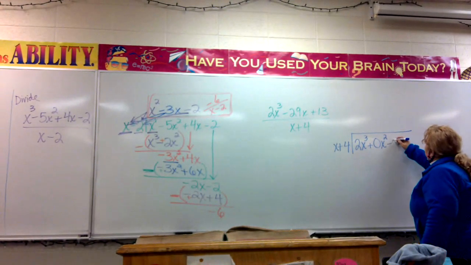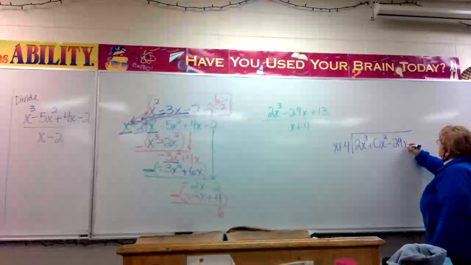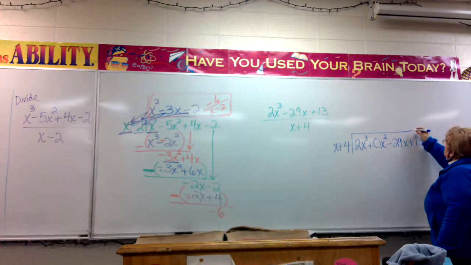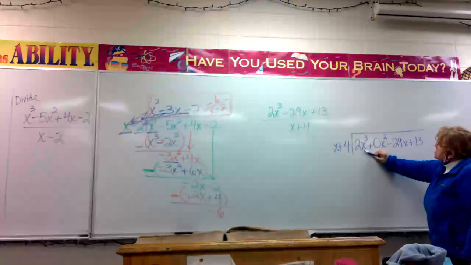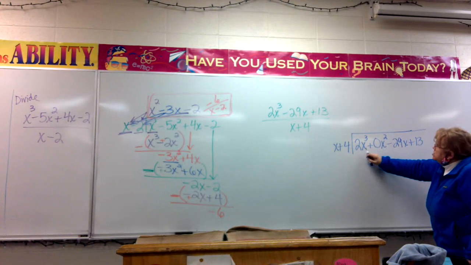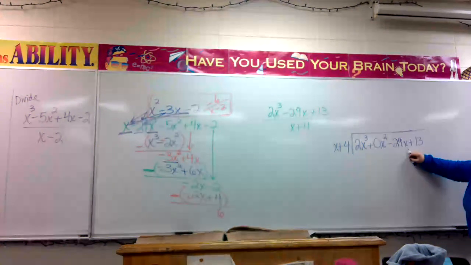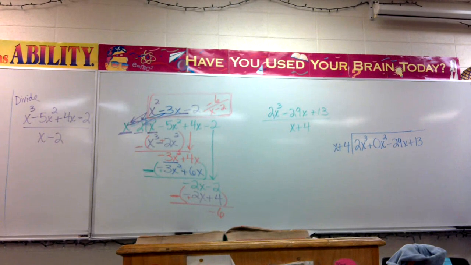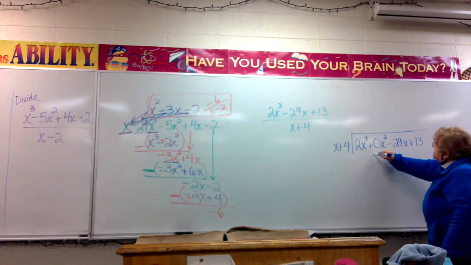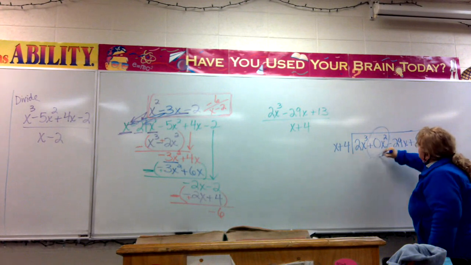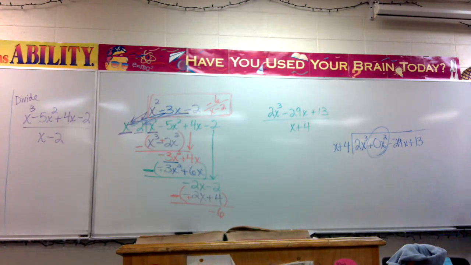And then I can keep going, x to the first, x to the 0. They have to go in order. And if any of them are missing, like this right here, you have to put it in there. Otherwise, you're going to end up with a big mess.